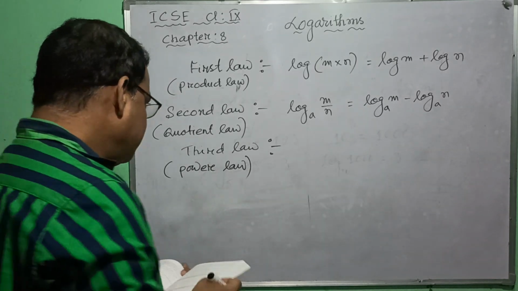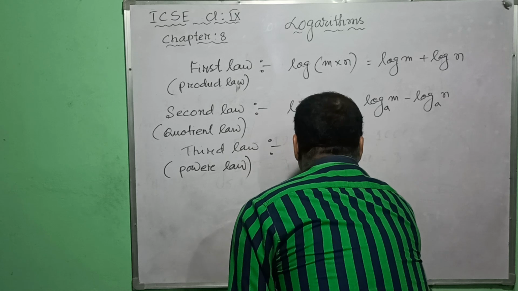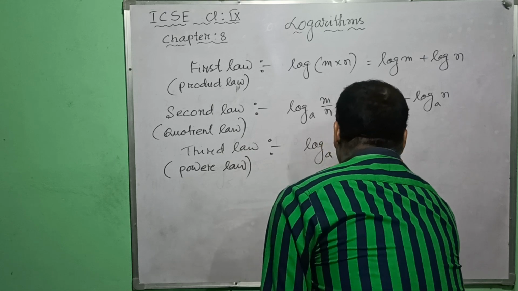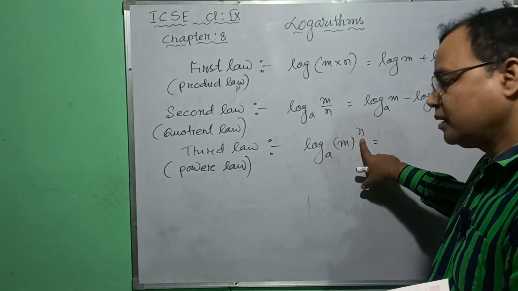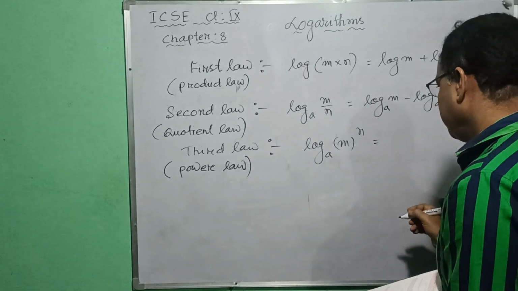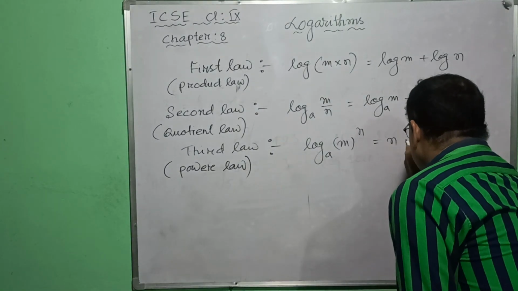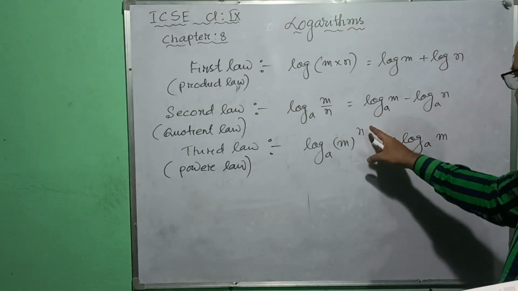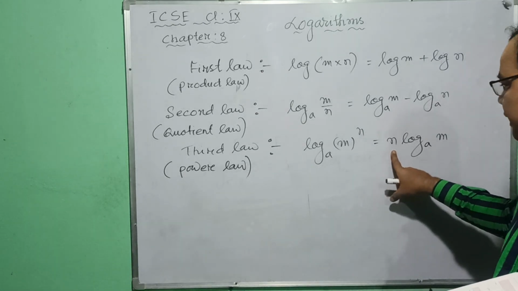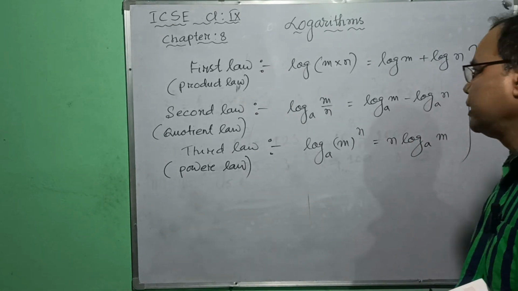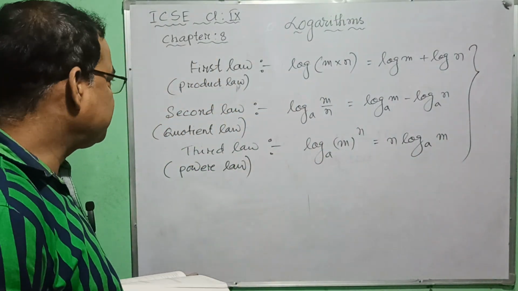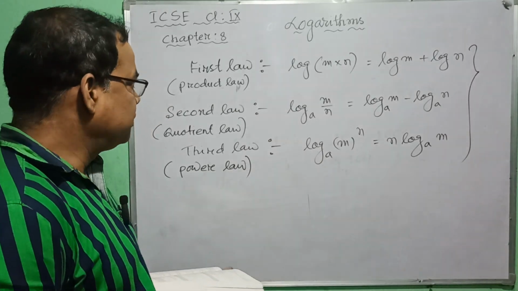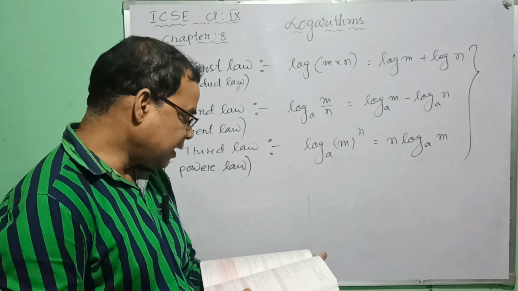In power law, it is given log m to the power n at base a equal to, look here, n is in the power, so we can write it n log m base a. So the power will come here in the front side. So these are the three laws. The first law is called product law, the second law is quotient law, and the third law is called power law. So I think you can understand, it is not so difficult.